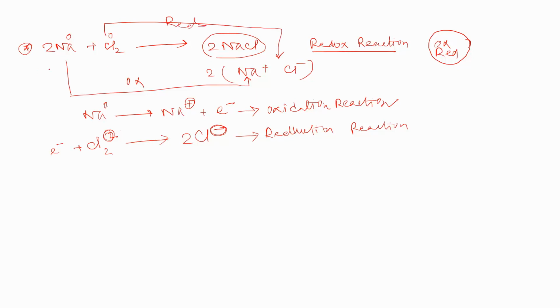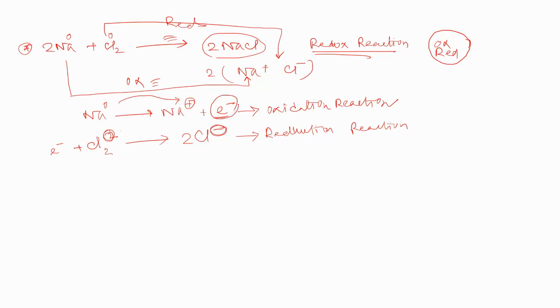So in this chemical reaction, two reactions are happening. One is the reduction reaction, another is the oxidation reaction, and both reactions are happening simultaneously. That's why it is a redox reaction. Now the question is, when sodium had the zero oxidation state and it is transferred to +1, then one electron is lost. So where is this electron going?